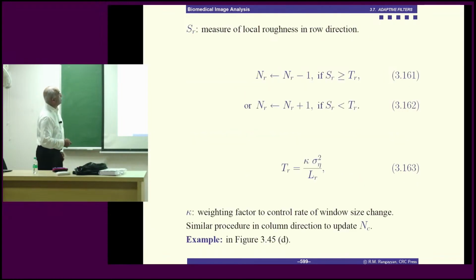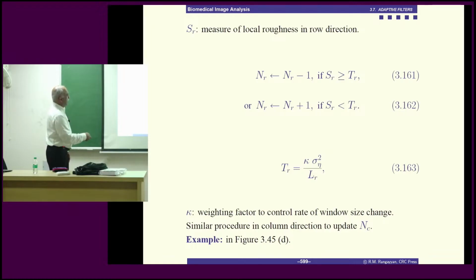They said NR is reduced if the signal activity is more than some threshold, or it is increased if the signal activity is less than the threshold. The threshold was defined as some factor kappa times sigma square eta, the noise variance, divided by LR, the length of that window.